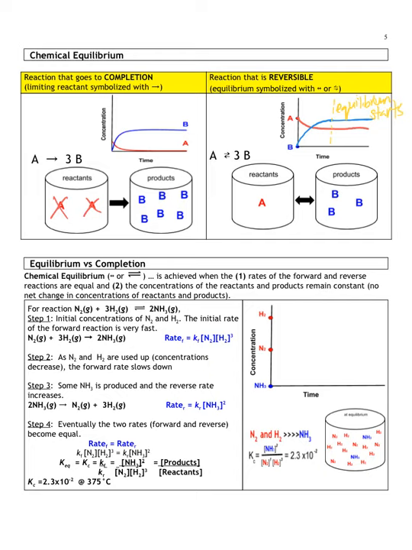The rate of the forward reaction is quite quick during that time. So let me go ahead and draw it on the graph as well so we can see that rate. As time goes by, you're going to see N2 decreasing, and then it reaches a point of flat line here. And then H2 is also decreasing, but faster, 3 times as fast. Then H2 also flatlines where N2 flatlines.